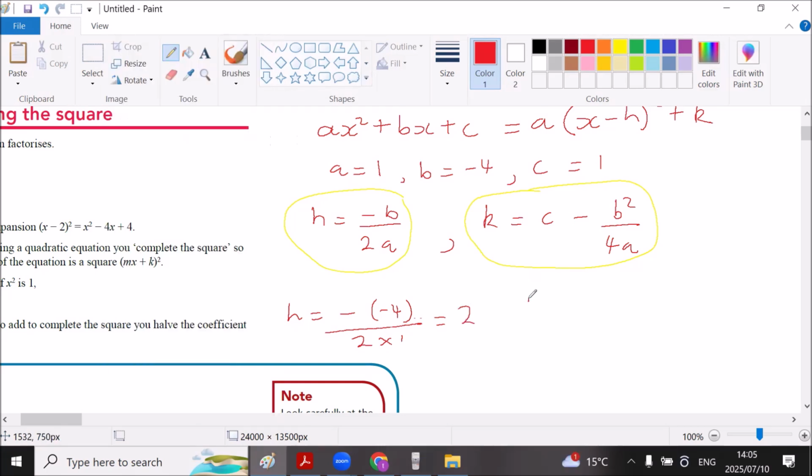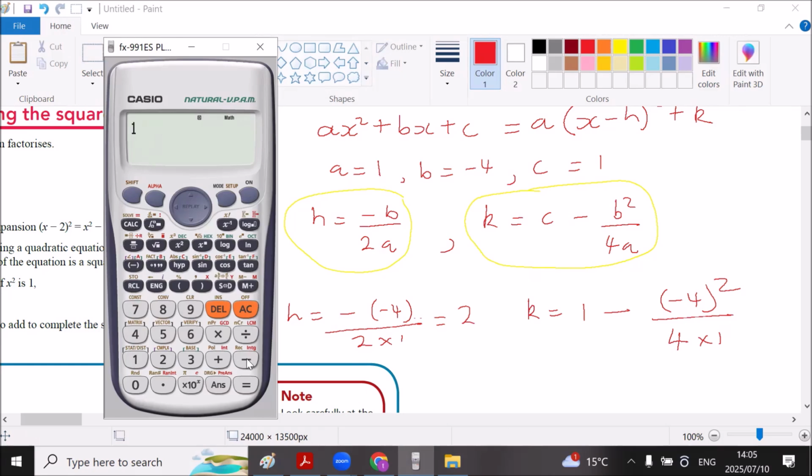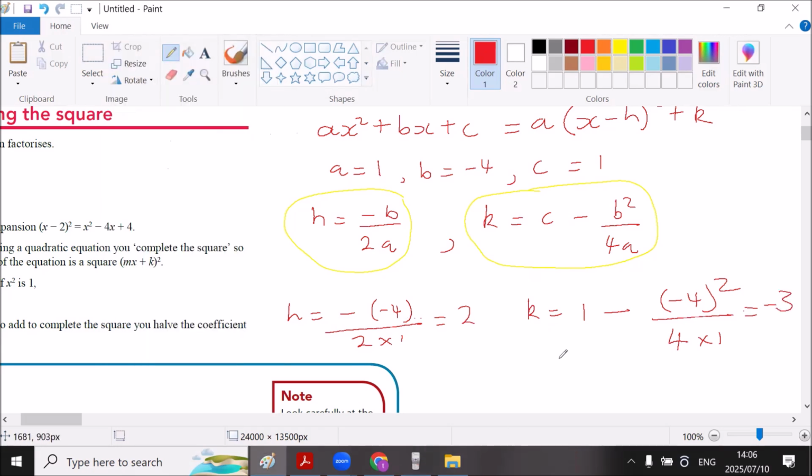So our k is equal to c, which is 1, minus b squared, minus 4 squared, over 4 times 1. On the calculator, 1 minus fraction, bracket minus 4 squared over 4 times 1, which will give us minus 3.